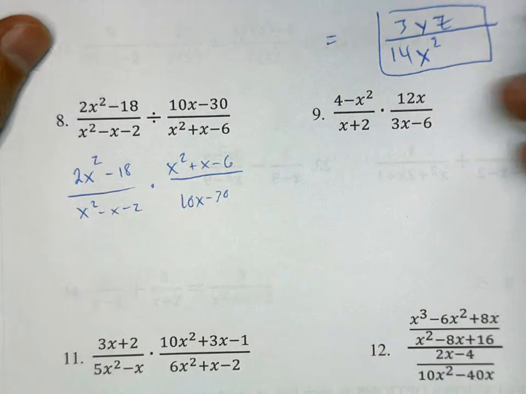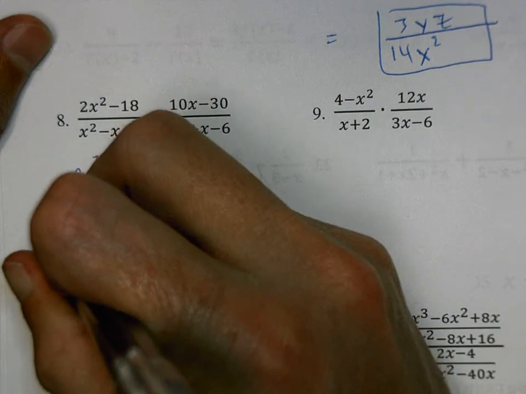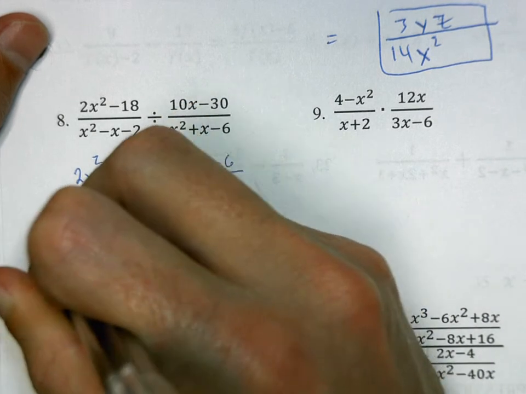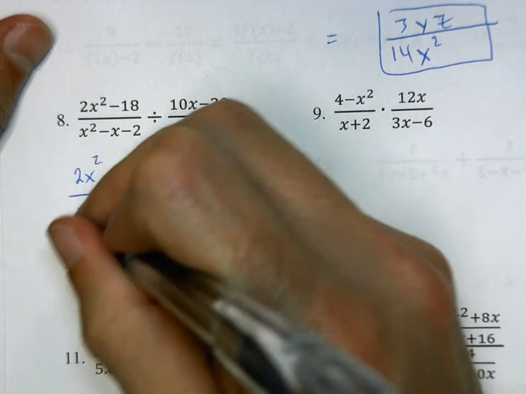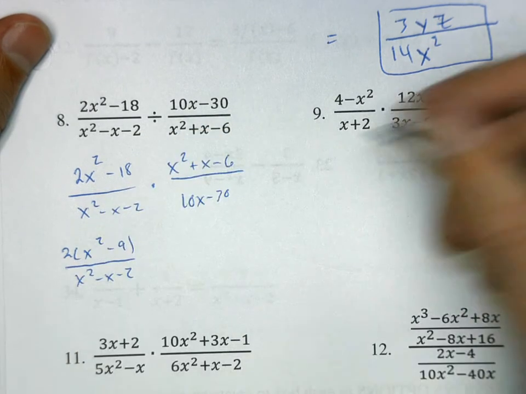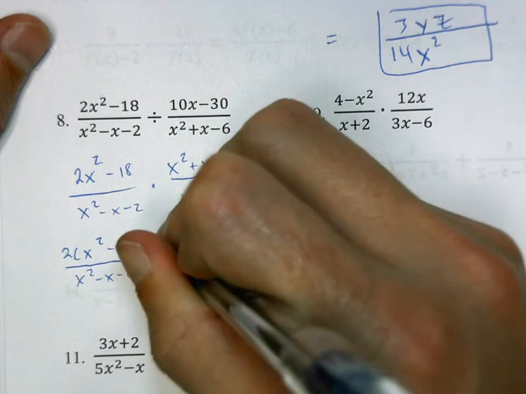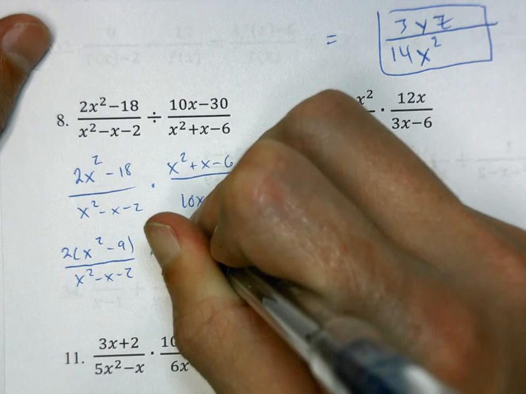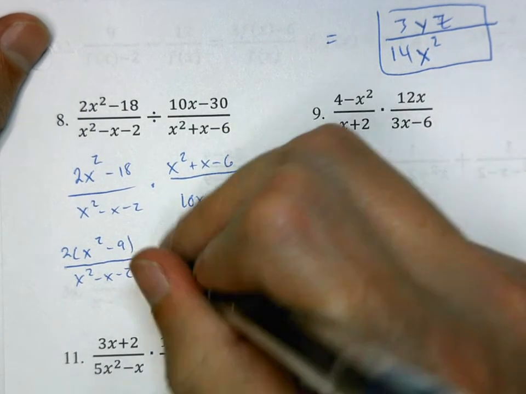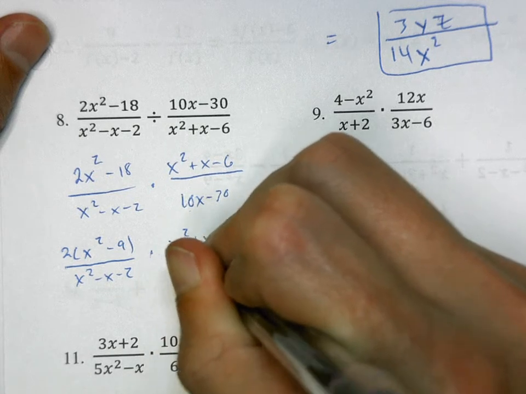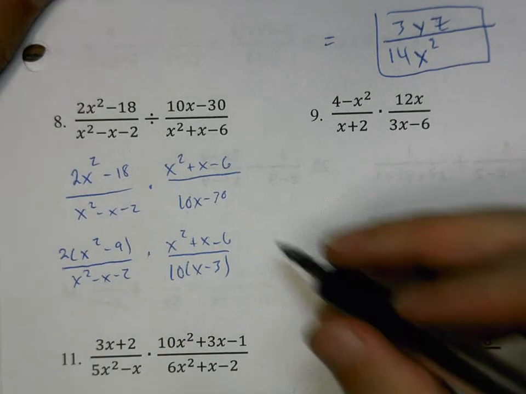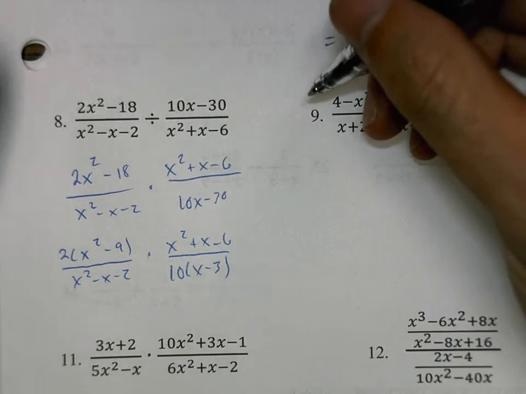So GCF the top left, that's 2 times x squared minus 9 all over x squared minus x minus 2 times x squared plus x minus 6. GCF of 10 and 30 is 10, so pull out a 10, you're left with x minus 3. And let's factor everything that we can.